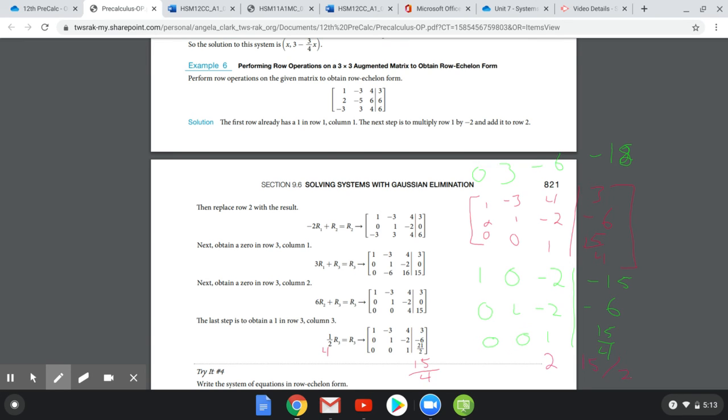So my new top row is going to be 1, 0, 0. And then negative 15 plus 15 over 2 is negative 30 over 2 plus 15 over 2. So that's negative 15 over 2.